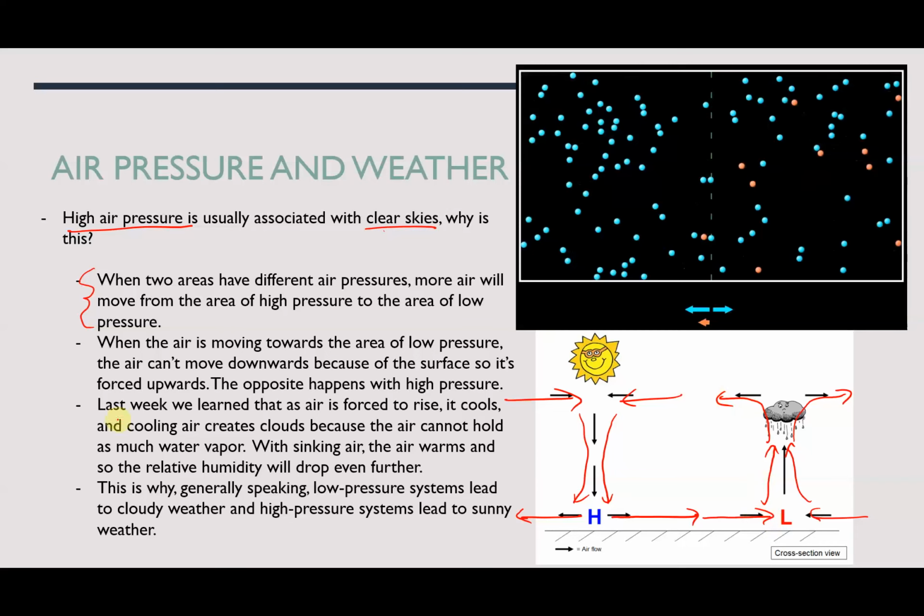Now, last week we learned about how clouds form and how precipitation forms, and I gave you the analogy of the sponge. So remember that warm air equals something like an open sponge. So it's not being squeezed. And then cold air was like a squished sponge.